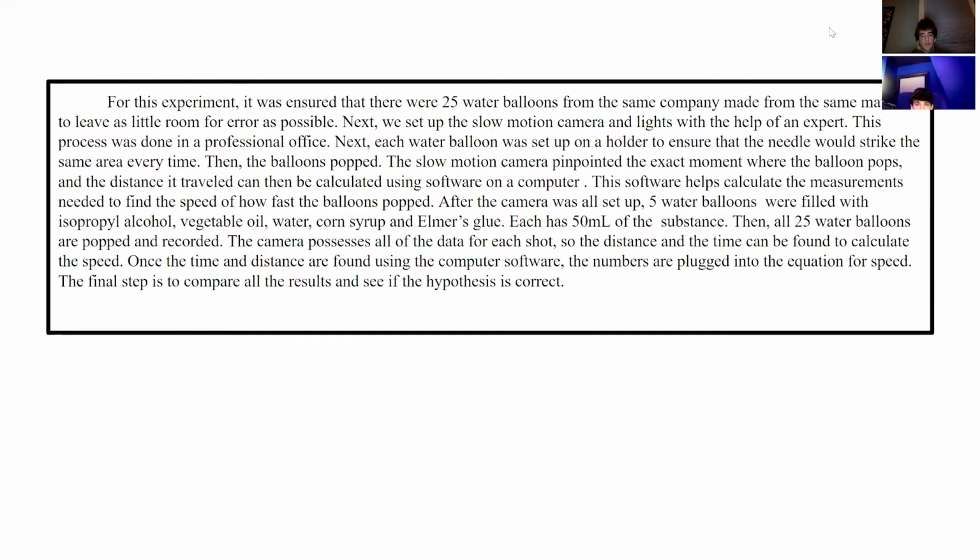Each balloon was filled with 50 milliliters of the substance. Then, all 25 water balloons were popped and the data was recorded. The camera processes all of the data for each shot, so the distance and time can be found to calculate the speed. Once the time and distance are found using the computer software, the numbers are plugged into an equation for speed. The final step is just to compare all the results and see if the hypothesis is proven correct.